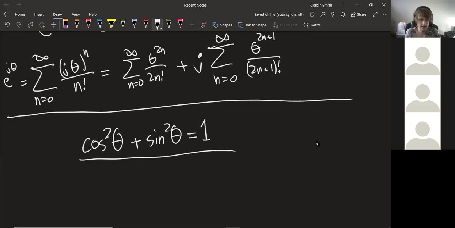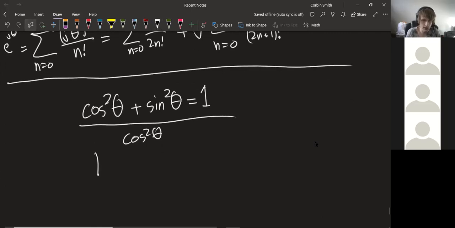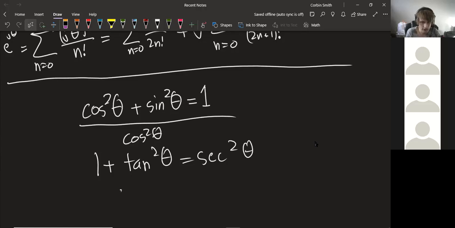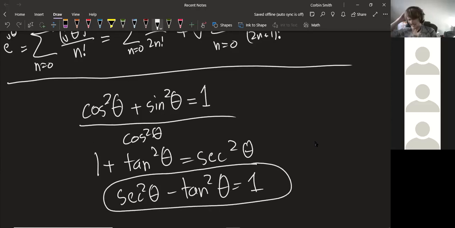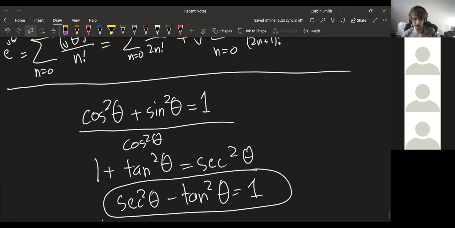If you divide everything by cosine squared theta, you get 1 plus tan squared theta equals secant squared theta, or secant squared theta minus tan squared theta is equal to 1. This parameterization doesn't move at a hyperbolic unit length or unit speed, but it does cover the whole branch. It might miss a single point. Let's see if I remember that correctly.